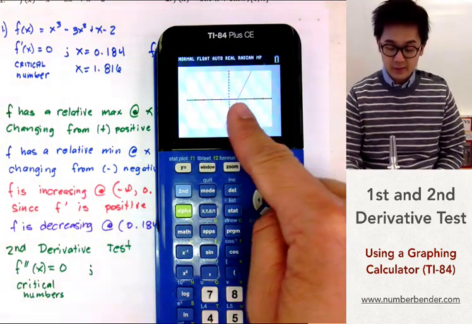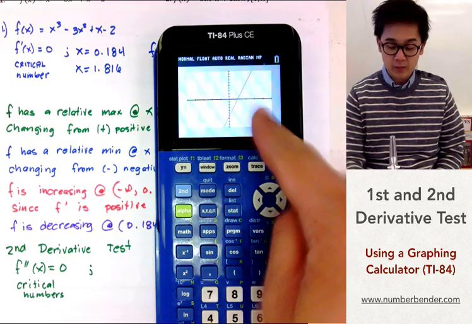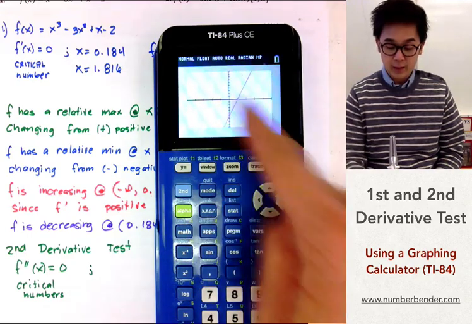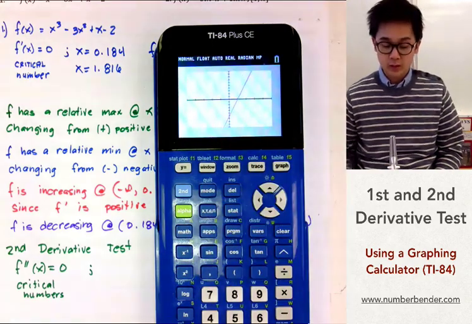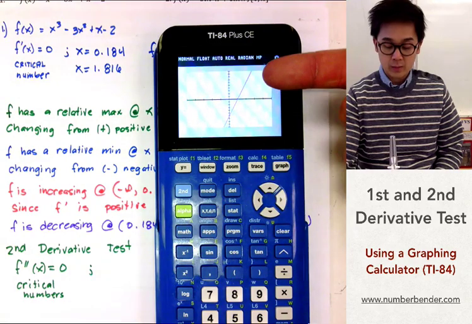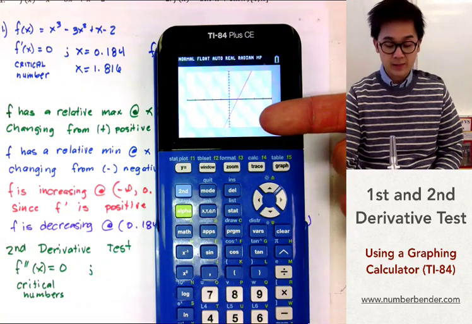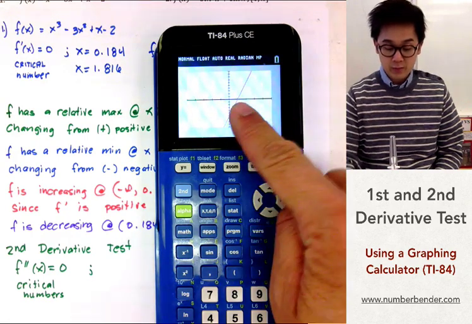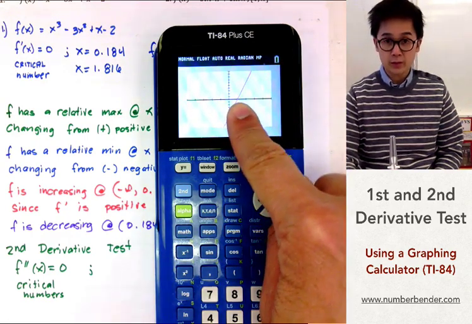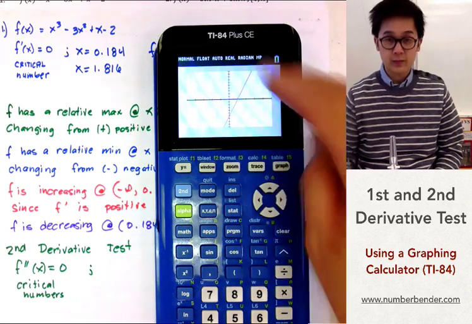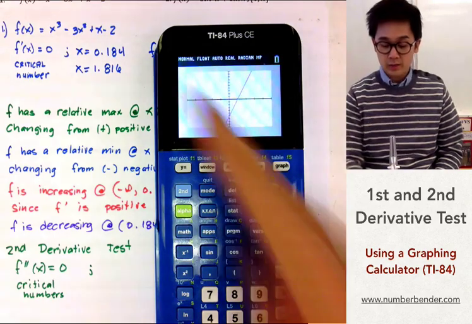Now we are seeing that we have the positive value and the negative value over here. So this is the positive value of the second derivative, and this below the x-axis is the negative value of the second derivative. So to find the critical number, we're going to find the point of intersection of the second derivative graph along the x-axis.